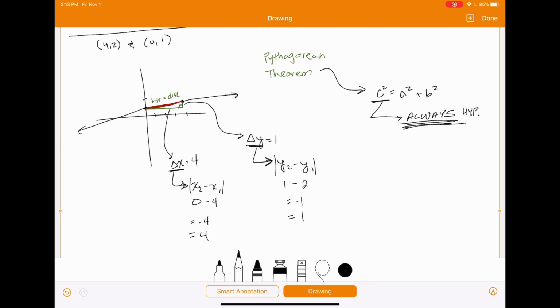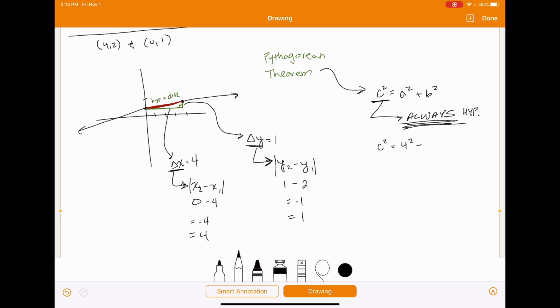So that's the one opposite from your 90-degree angle. All right. So we can just go ahead and plug these values in now. So c is what we're looking for. C squared equals a and b are just either side of the triangle. It doesn't matter which one is a and which one is b as long as they're not the hypotenuse.